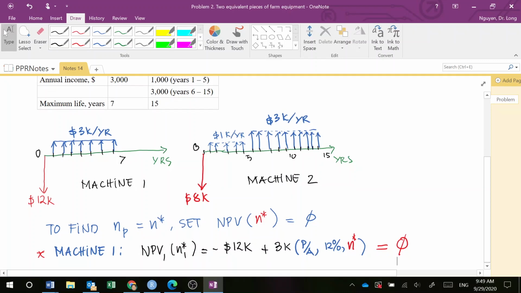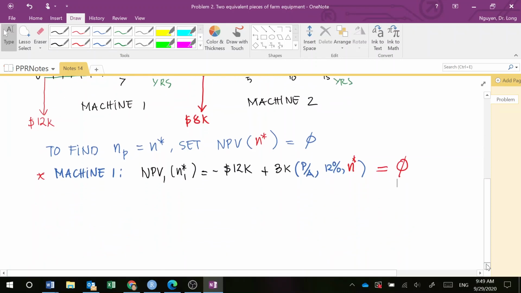Just like the IRR method, but instead of putting I star in 12%, we put N star for the N. Then we can plug in the equation to solve for N star. How? We plug in the equation of P over A, 12%, N star, and then use your calculator.